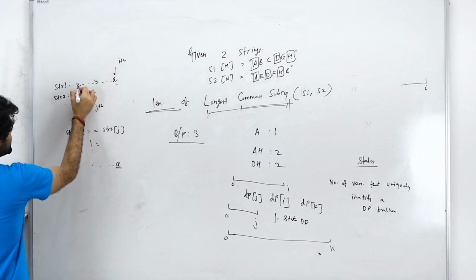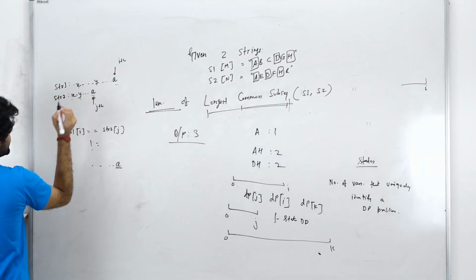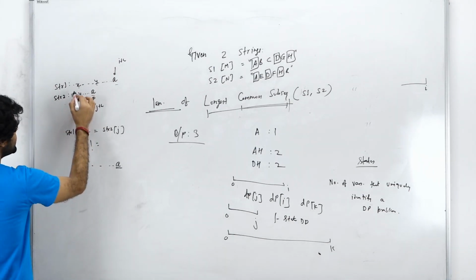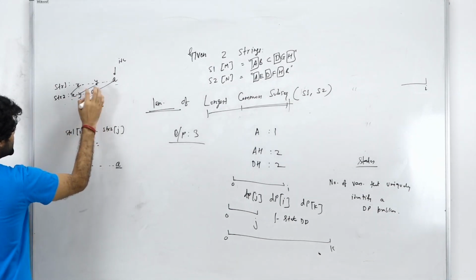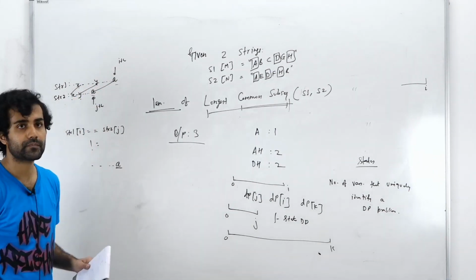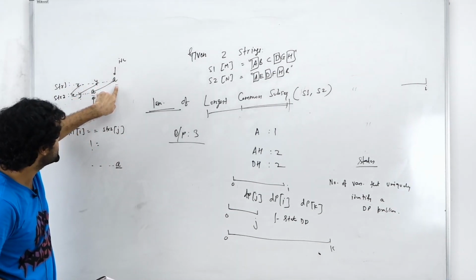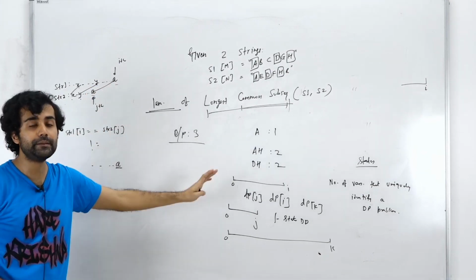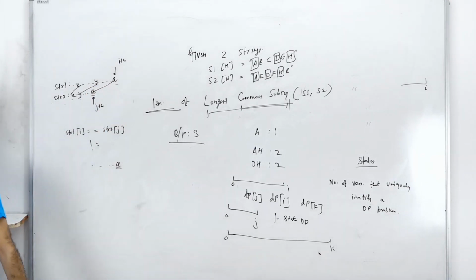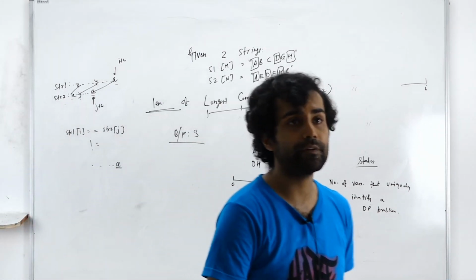So this xy matches this xy. From that I can say that this xya matches this xya. So if this is the case, then this A will definitely be the last character of the overall LCS, which is your longest common subsequence. Does that make sense to everyone now? Yes or no?